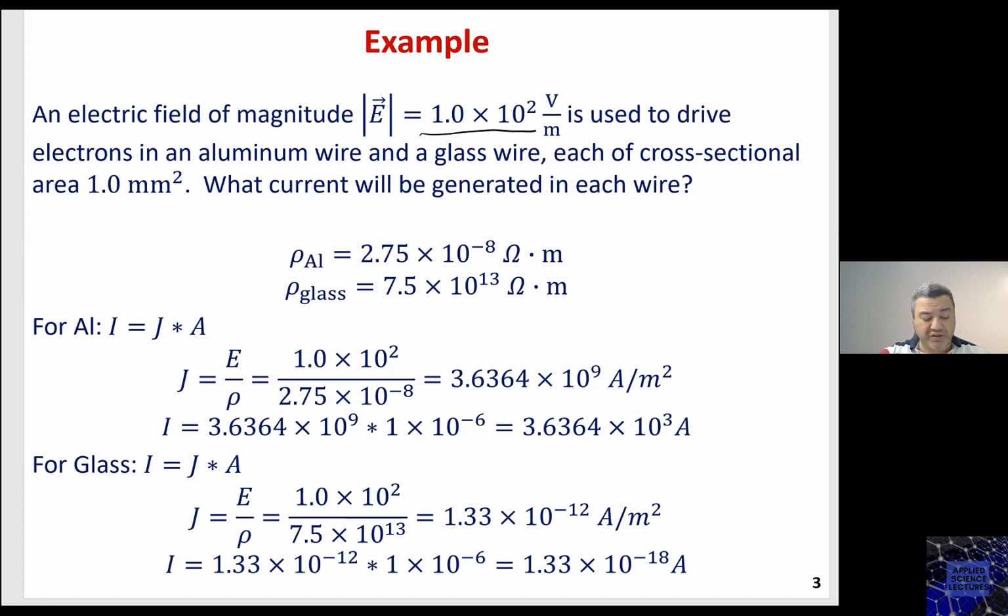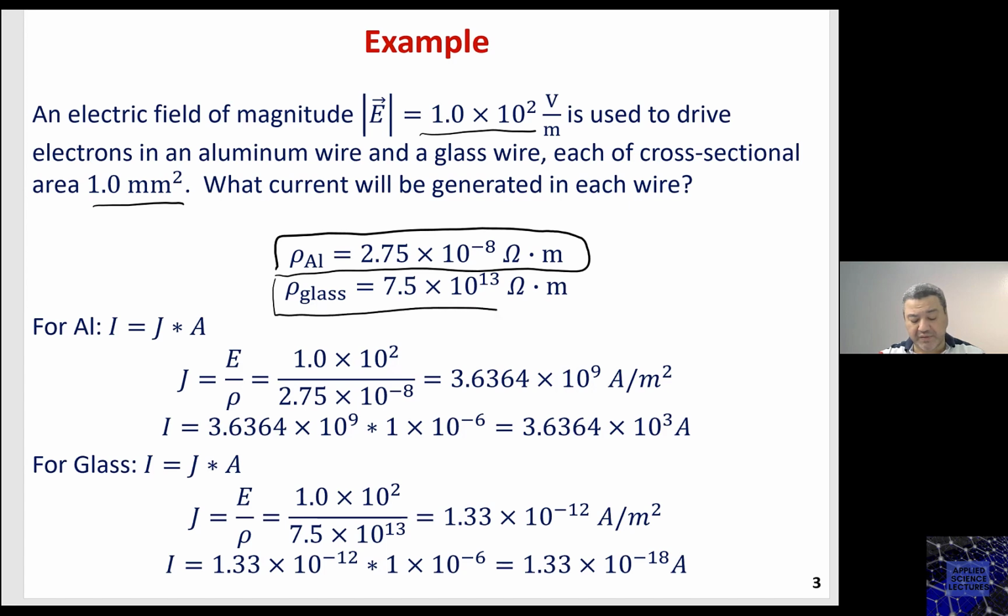Each has a cross-sectional area of 1, so they have the same cross-sectional area. What current will be generated in each wire, knowing that the resistivity for the aluminum is 2.75 10 to the power minus 8 ohm meter, and for the glass it is 7.5 10 to the power 13 ohm meter?